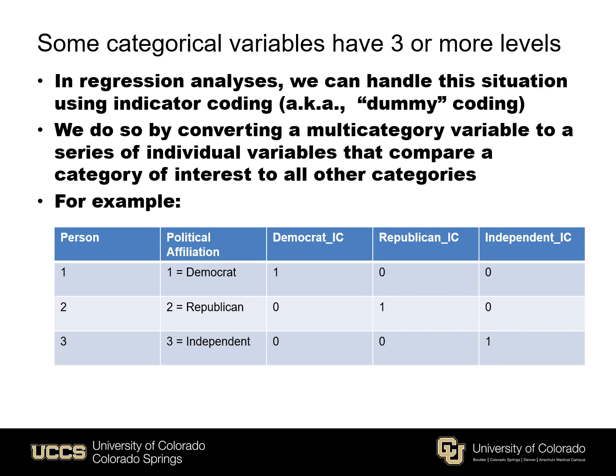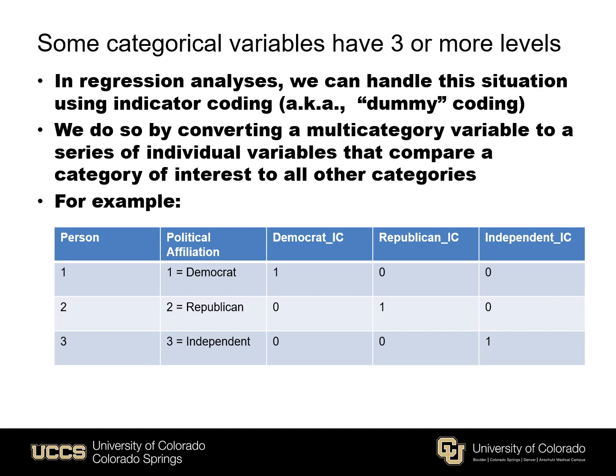So if you look at the Democrat underscore IC variable, the person who is the Democrat, person 1, has a 1 in that column for Democrat IC, but has a 0 in the Republican IC and a 0 in the independent IC column.